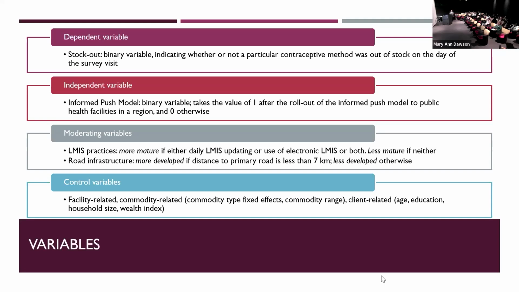We control for the type of products offered at health facilities, so the more you offer, the more complex it might be. And then we also control for client characteristics: age, education, household size, wealth index, all of that is controlled for in our analysis. Any questions on this?